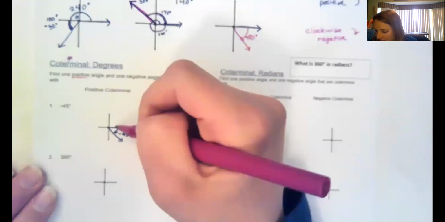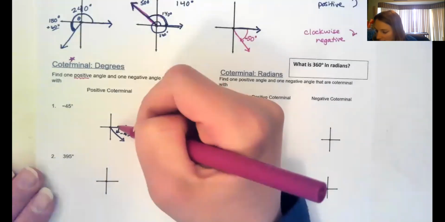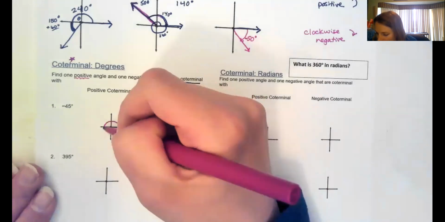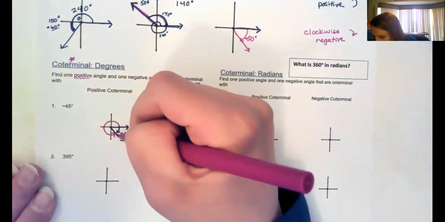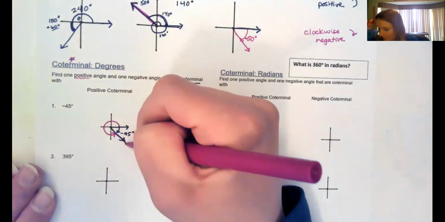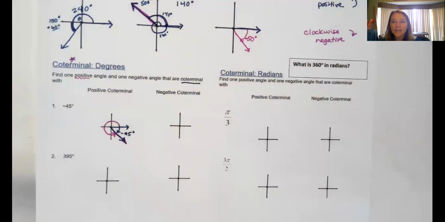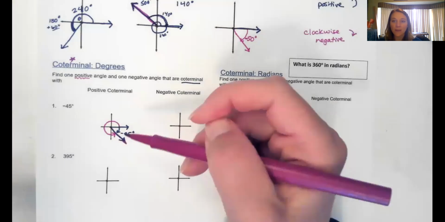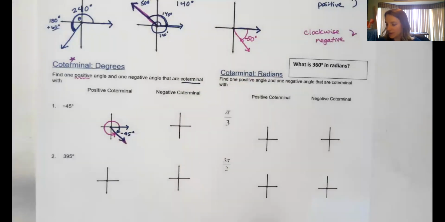That would be positive that could take me to that same spot. So that means if I were to just draw this, I would want to go positive and land in that same spot. So what is that positive angle? Well, we know together they should add up to be 360, right? They kind of make this 360.